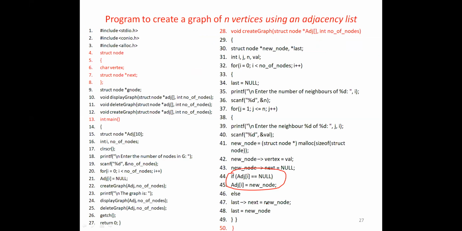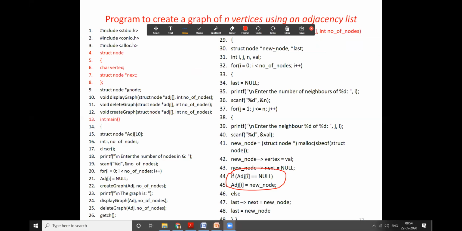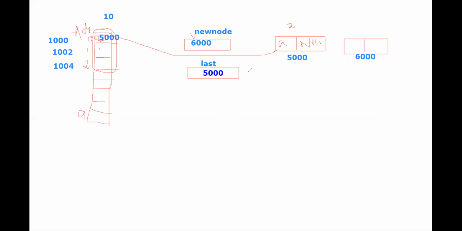What happens in the else part? New node... what are you doing? Last of next. What is last of next here? This one is last of next. So I should place 6000 here, nothing but new node.